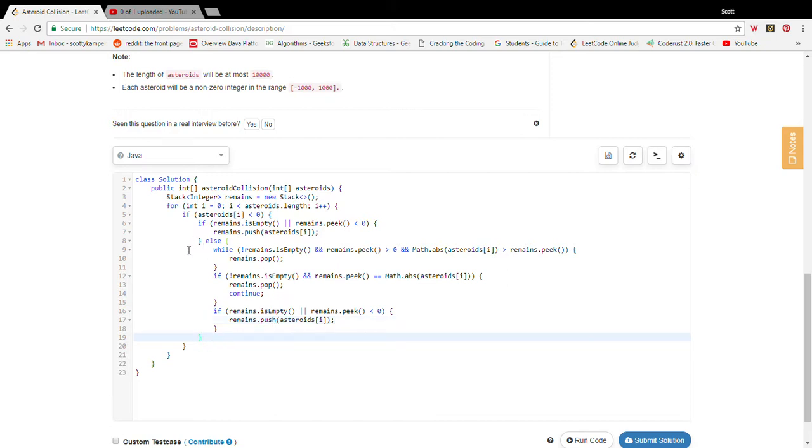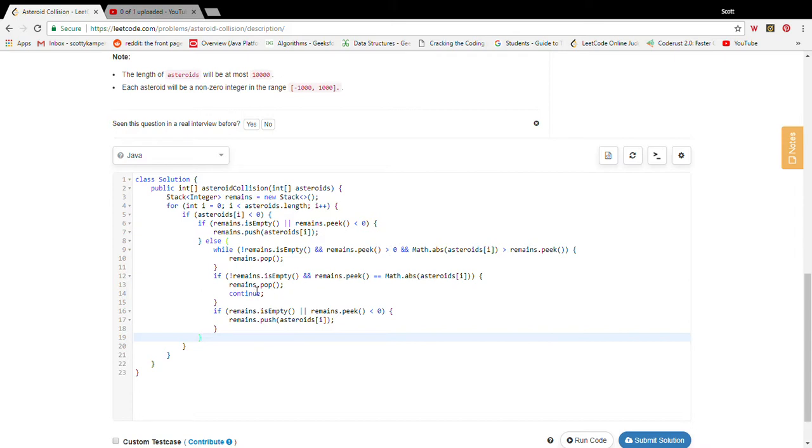So that is it for the left moving asteroids. Again, if we have a left moving asteroid, if we have no asteroids in the stack or the one on the top is less than 0, we push it onto the stack. Else, meaning we have a right moving asteroid, we blow up all the right moving asteroids in our way that are less than us.